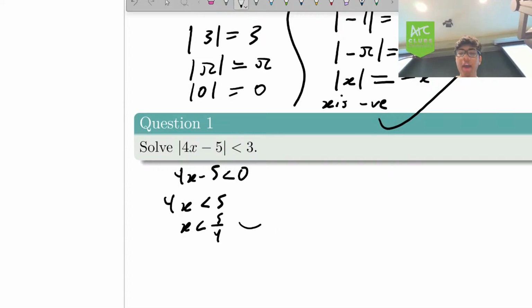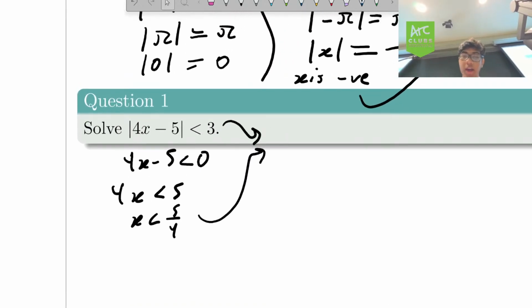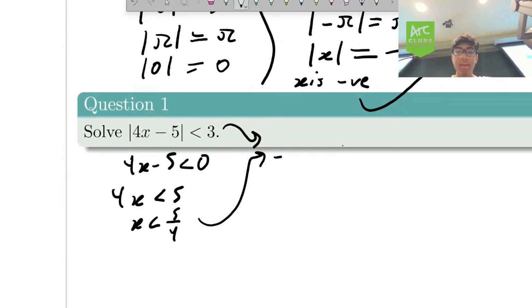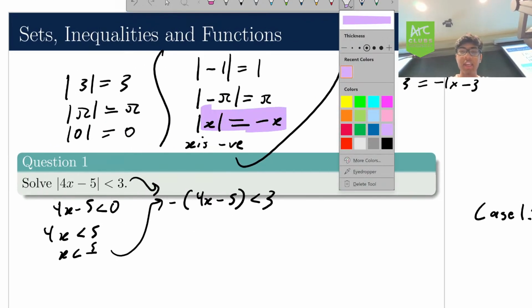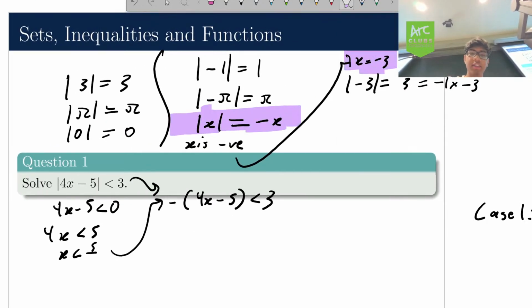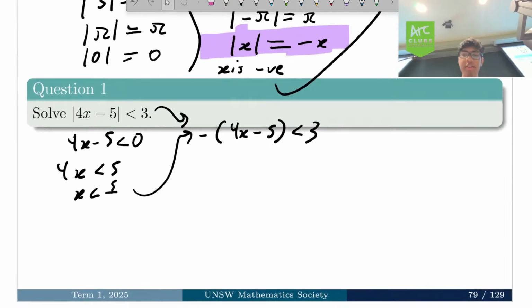And now, how does this impact my absolute value sign? Well, if this is true, then I just multiply this by -1 to take it out of the absolute value sign. I'm applying this where I have this entire thing, my 4x minus 5, all being negative. So negative of 4x minus 5 is less than 3.